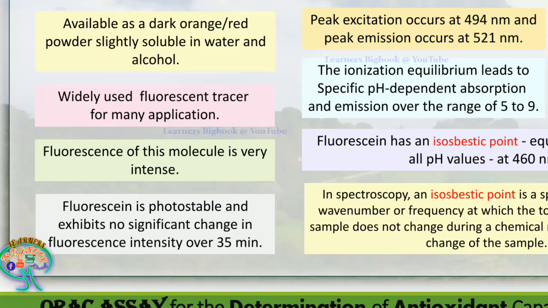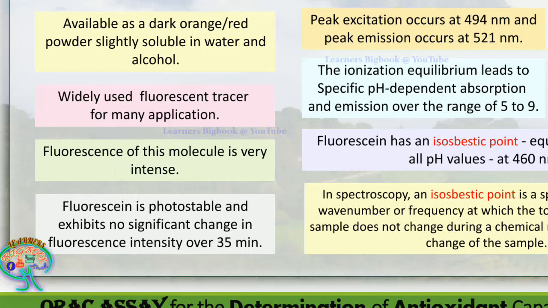So when you consider this fluorescein, when it has been added into the liquid, it gets into its ionized form. So during that time, whatever light strikes the fluorescein is not going to make any difference to the fluorescein structure. So the intensity of that particular dye remains the same.